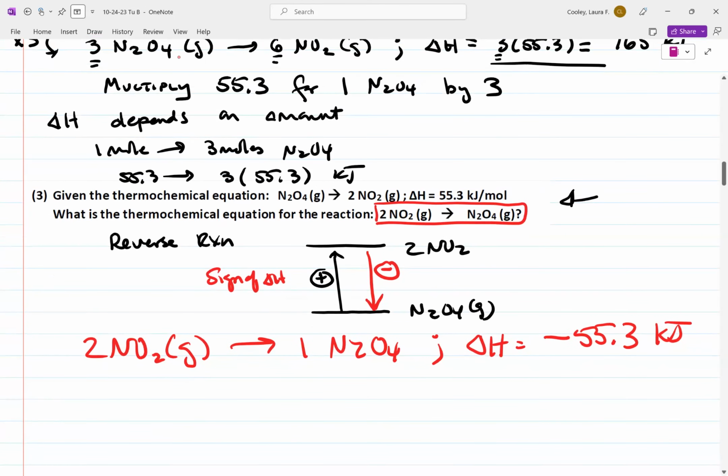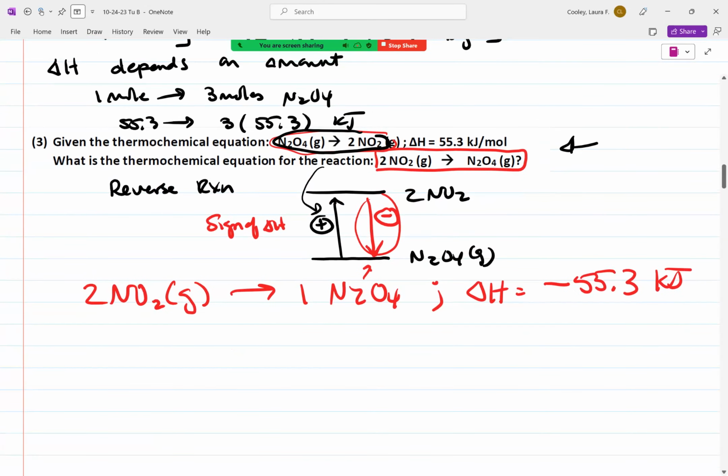So that would be corresponding to that reaction here. It would be exothermic, whereas the other reaction, I'll use black to keep it color coded here, would be endothermic. Okay, so reverse a reaction, change the sign of the delta H.